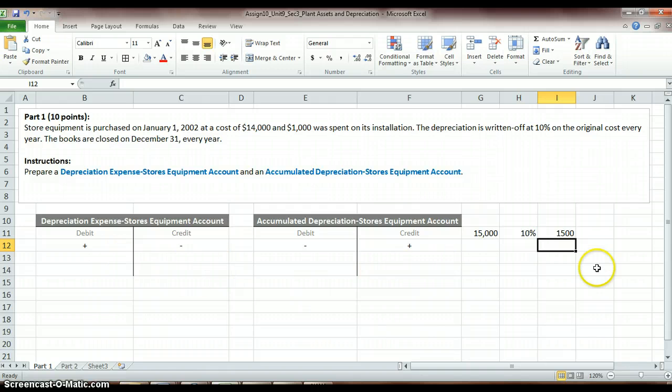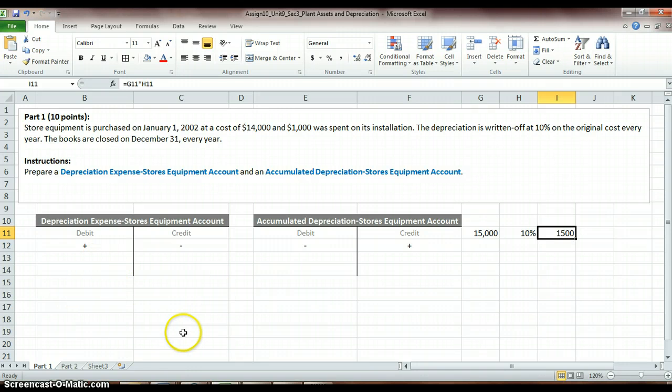So that tells me this store equipment, at the end of 1 year, is going to depreciate by $1,500. I went from having $15,000 worth of equipment down to $13,500. But we're only recording the actual depreciation amount in these T accounts.